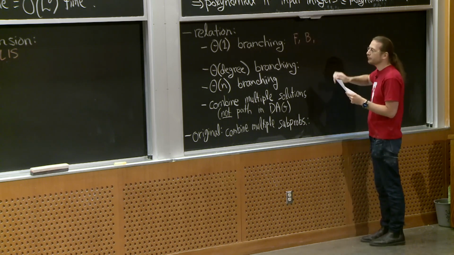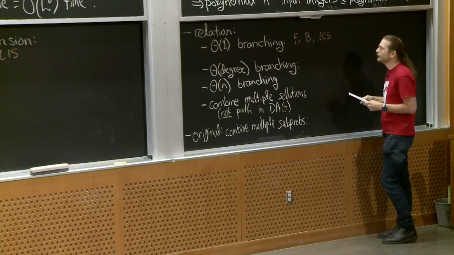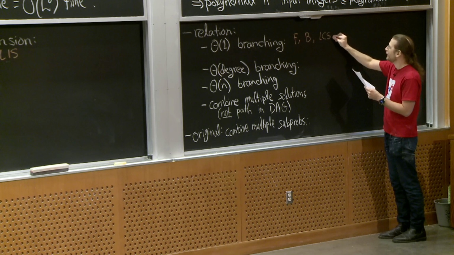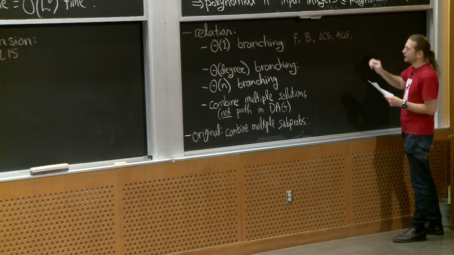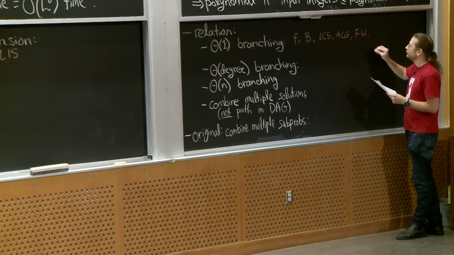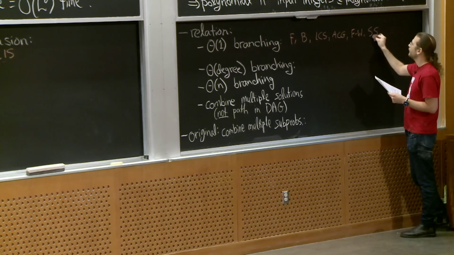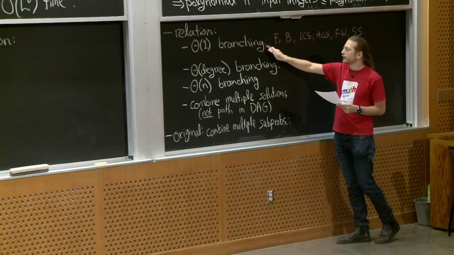Bowling, where we had a couple of choices at the beginning. LCS, longest common subsequence, where we had a couple of choices what to do at the beginning. Alternating coin game. Similarly, do we take from the left or the right? So just two choices. Floyd-Warshall, just two choices. Do we use that vertex or not? Subset sum, do we include this item in the subset or not? OK, so that was all constant branching.